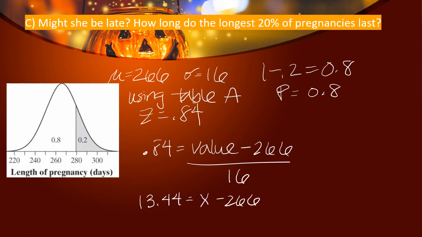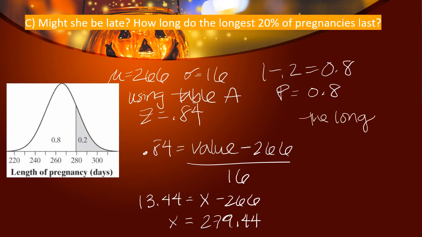Okay, so now what I've done is I'm going to add 266 to both sides. So that's going to be, let's see, x equals 279.44. So then I could write this in interpretation.